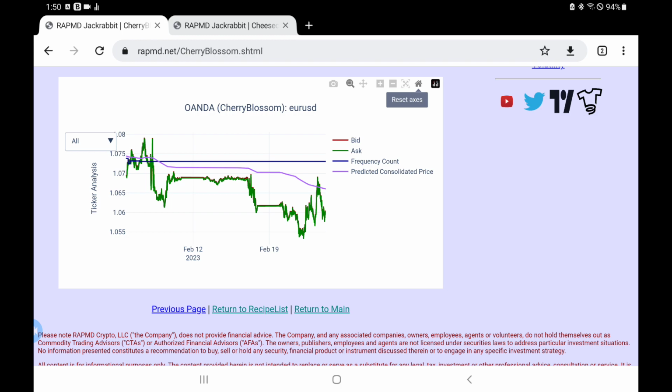And that really is a good mindset indicator in terms of what direction you want to focus on if you're not trading in both directions simultaneously.